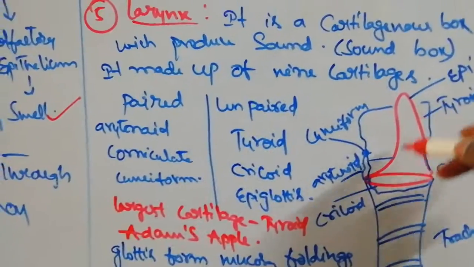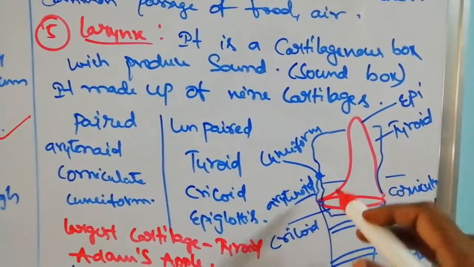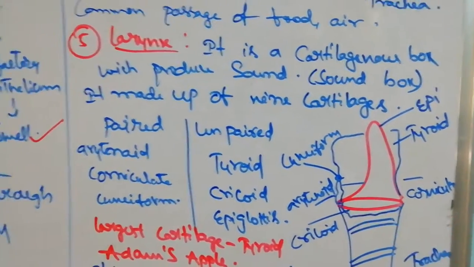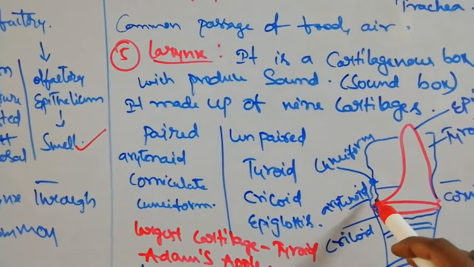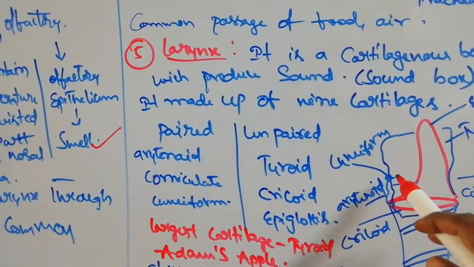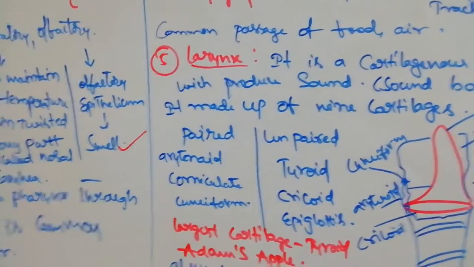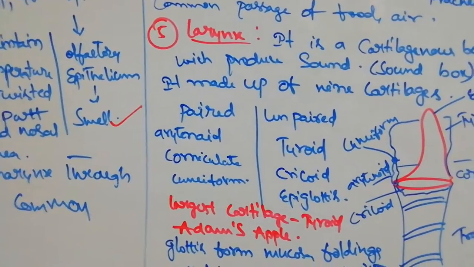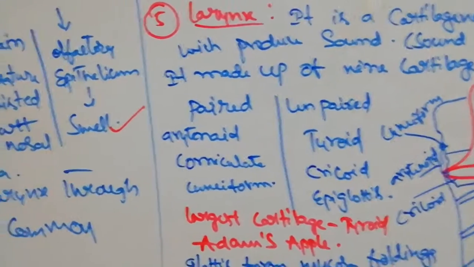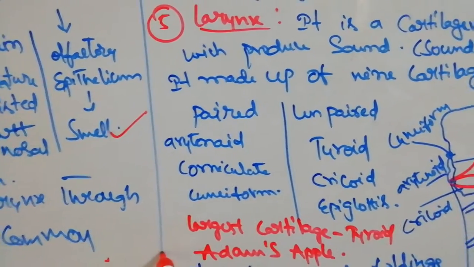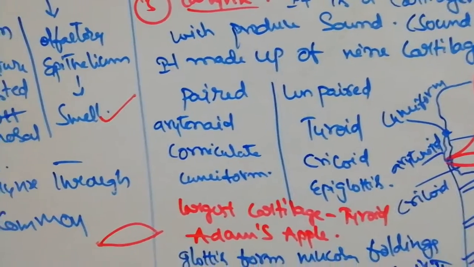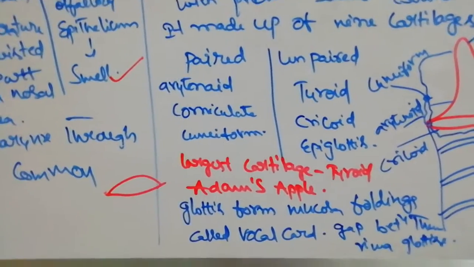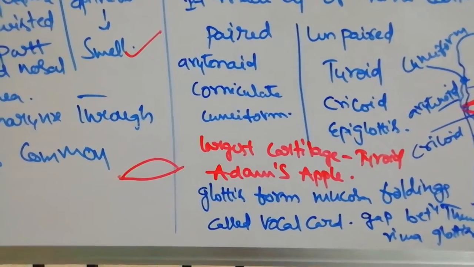So the epiglottis, thyroid at the back, cricoid at the base. All these are single, whereas arytenoid, cuneiform, corniculate are the paired cartilages. Here, attaching to the thyroid, the vocal cords are formed.